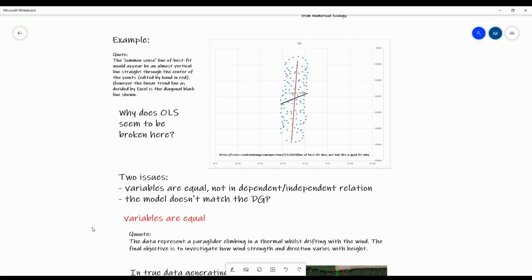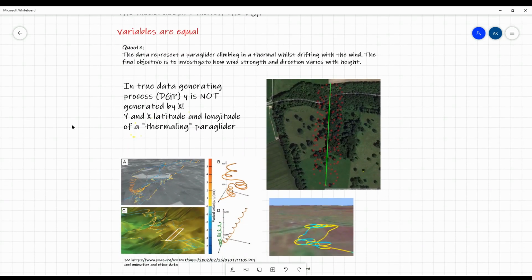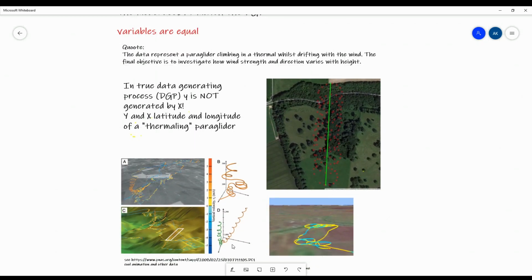Then we said orthogonal regression seemed to address it, because the latitude and longitude data was generated by some underlying process which could be quite complex, some other factors which are hidden, which we do not observe, and they're defining latitude and longitude, and that's why latitude and longitude are equal. PCA seemed to work. But it was a patch, really.